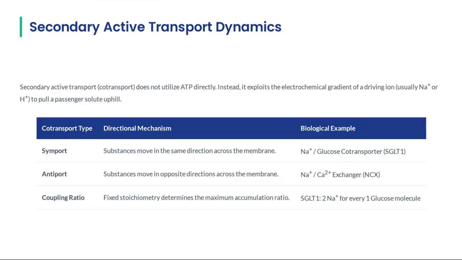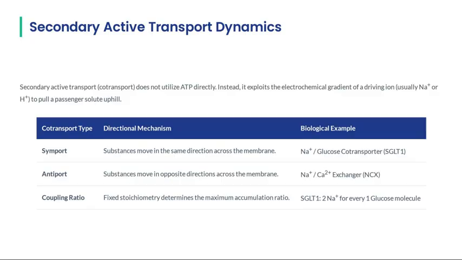To secondary active transport dynamics, which is called co-transport, and it doesn't utilize ATP directly, but it actually uses the electrochemical gradient of the driving ion, which is usually Na+ or hydrogen ions, to pull the passenger solute uphill. So we have three different co-transport types: symport, antiport, and coupling ratio.